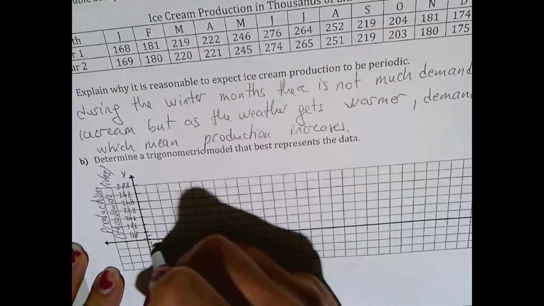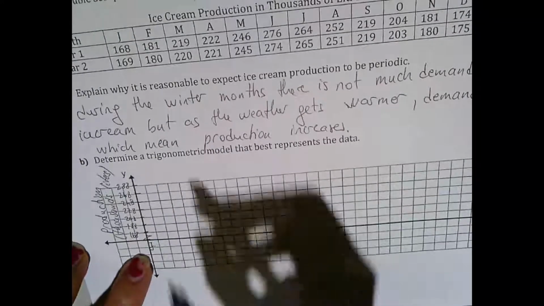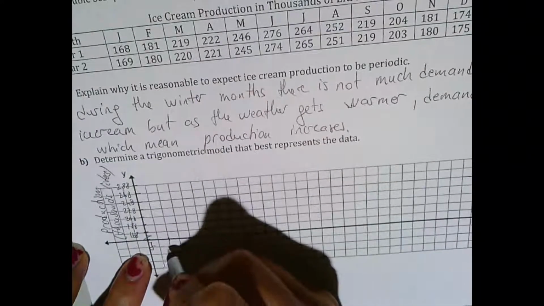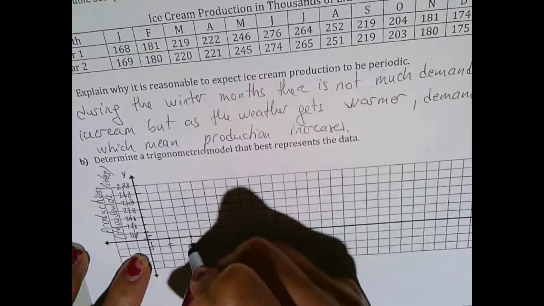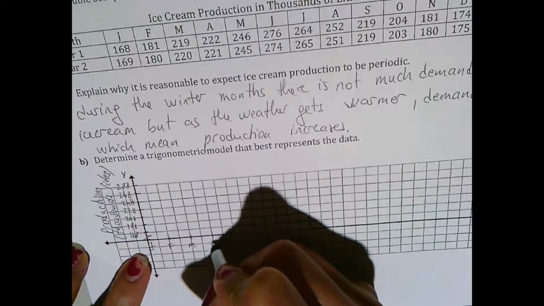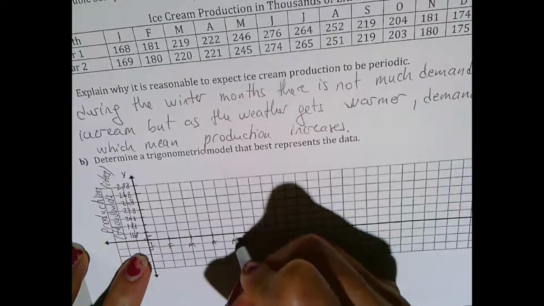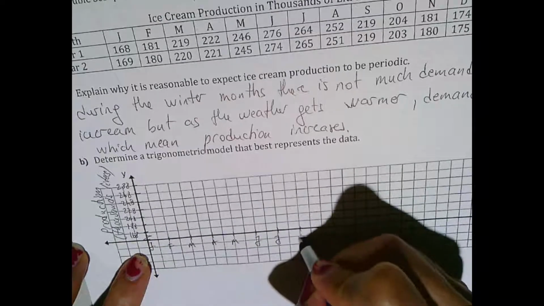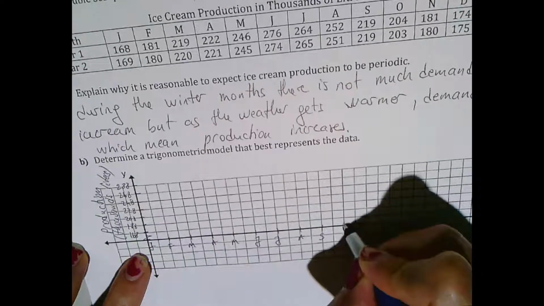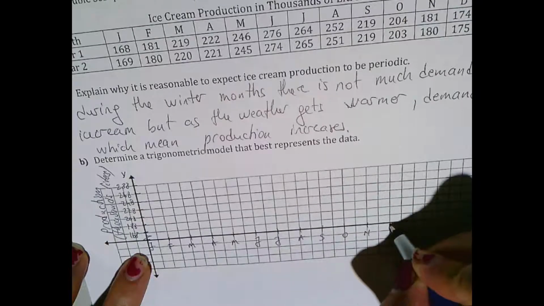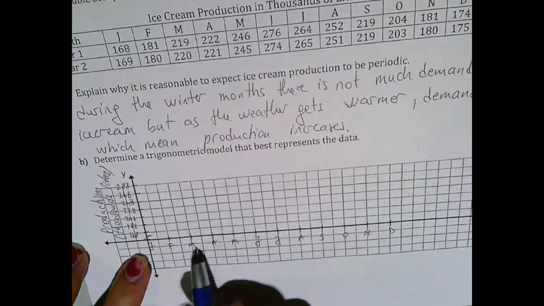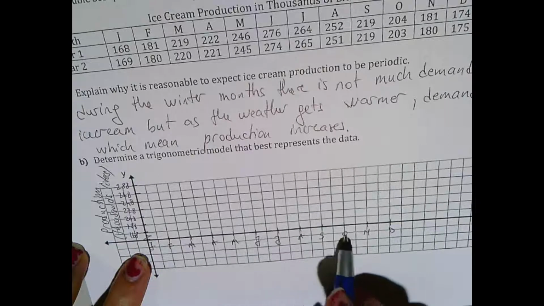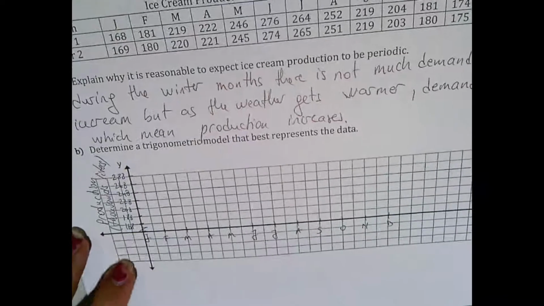January will be the first month, and then I'm going to have January, February, March, April, May, June, July, August, September, October, November, December. 1, 2, 3, 4, 5, 6, 7, 8, 9, 10, 11, 12. Okay, I didn't miss any.